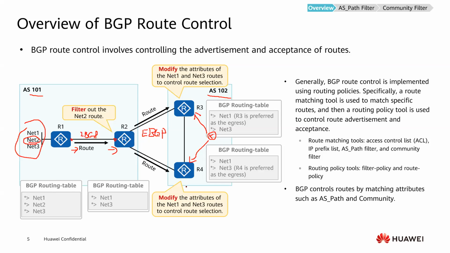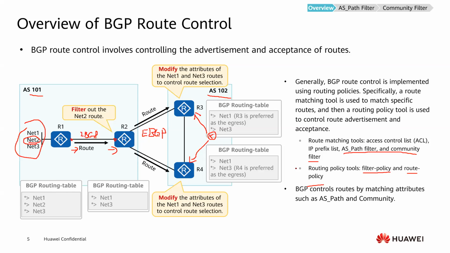These two kinds of matching tools we will introduce in this course. Then you can use routing policy tools to filter out these matched routes, such as the filter policy and the route policy. So for the first part about BGP route control, we will introduce how to use the AS-path filter and the community filter.